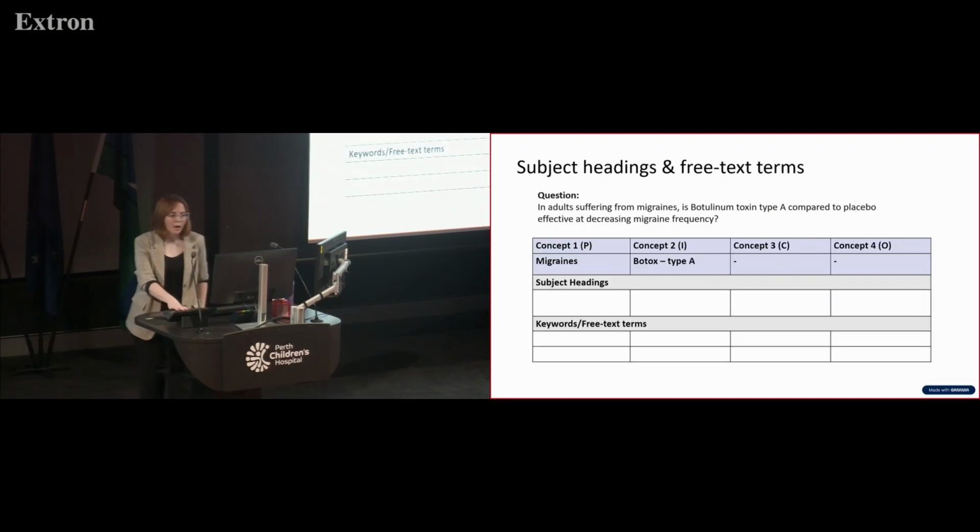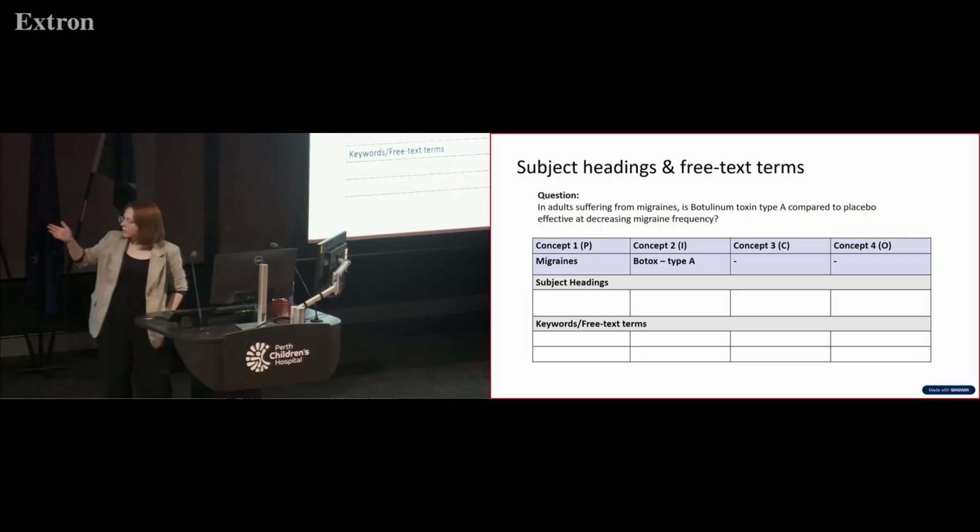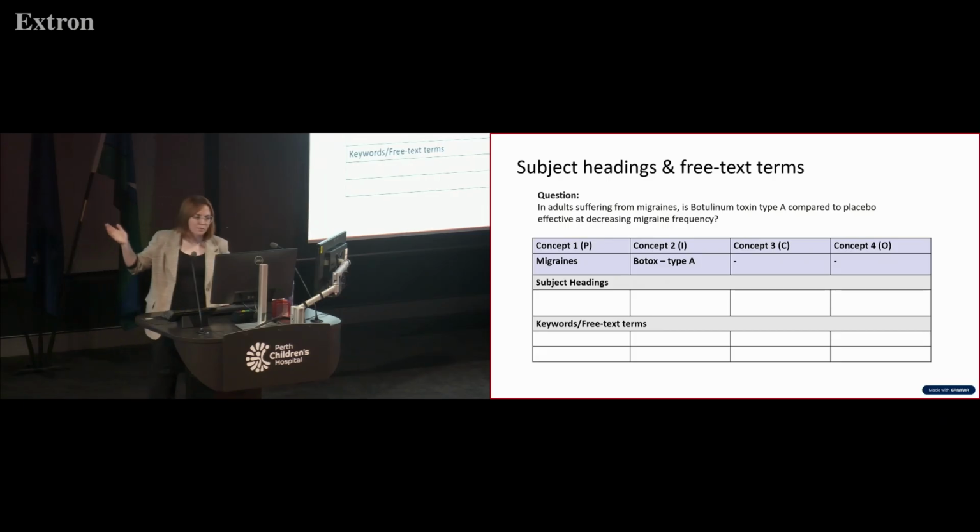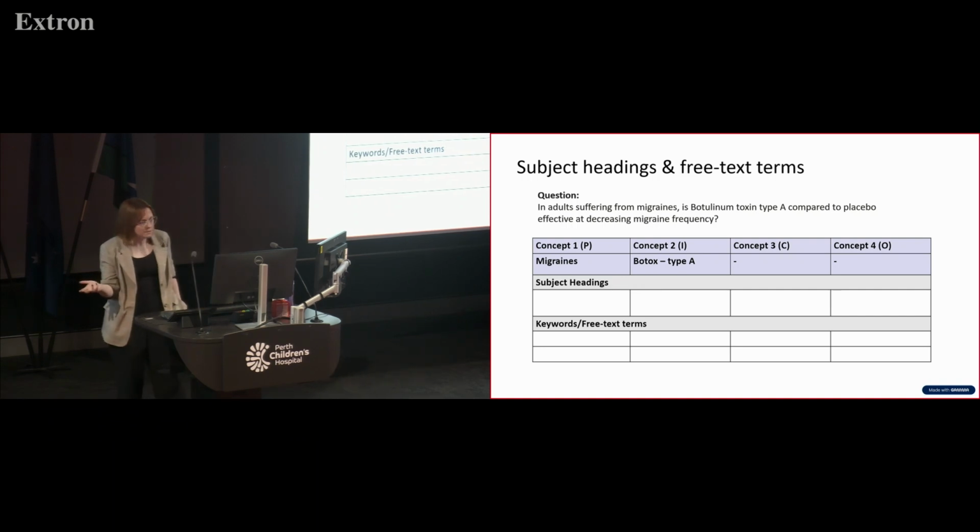So I find it quite helpful to create a simple table with a column for each of the searchable concepts that I've come up with. You can see here I've gone for migraines and Botox type A. I like to create a table and then add in a row for our subject headings and free text terms. Free text terms can also sometimes just be referred to as keywords.